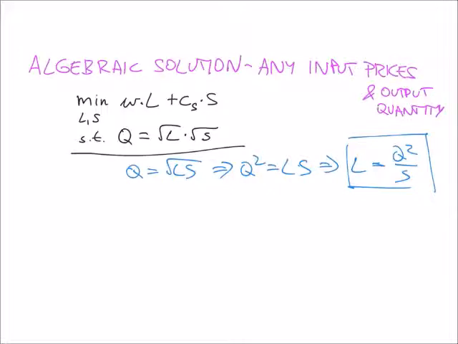And now we rewrite the cost function, plugging this into the cost function. So we have wages, exactly, W times Q squared divided by S plus, exactly, and we are minimizing that. What are we choosing? We are choosing what variable?